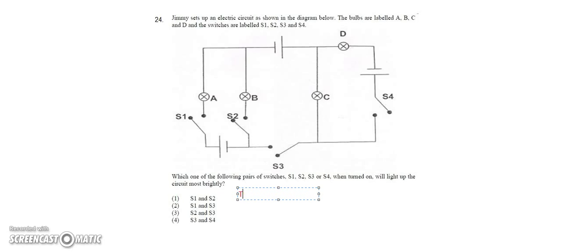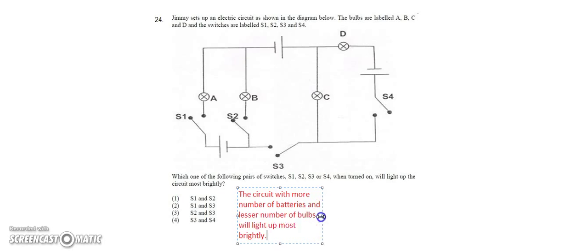So the circuit with more number of batteries and lesser number of bulbs will light up most brightly. So we have written a note there.